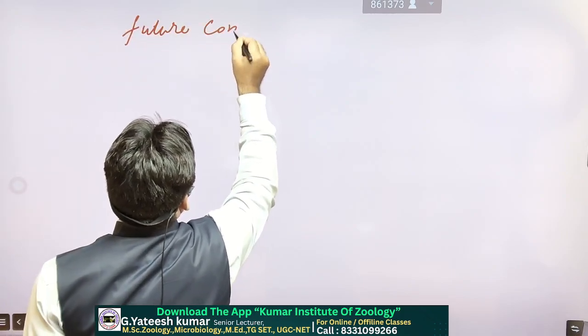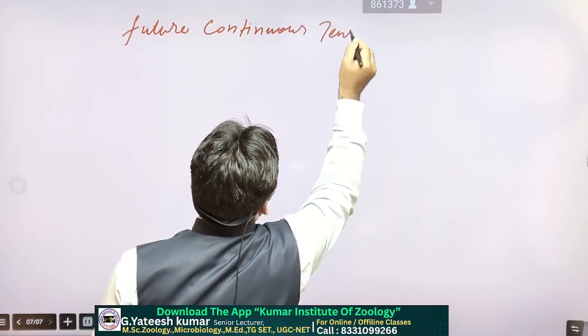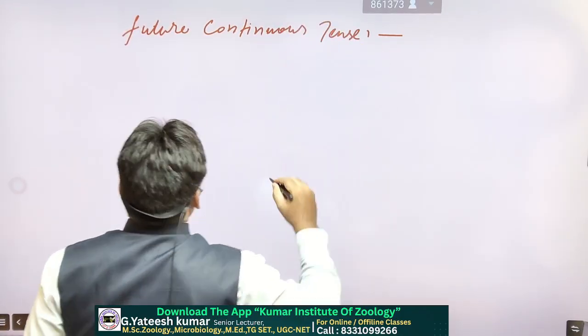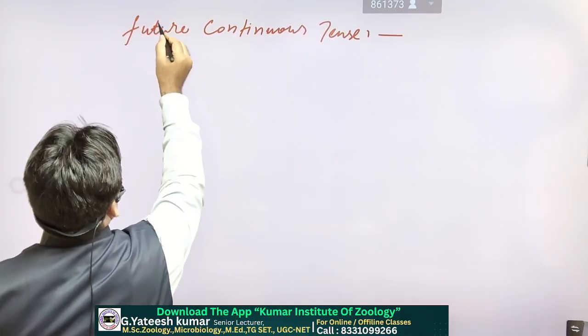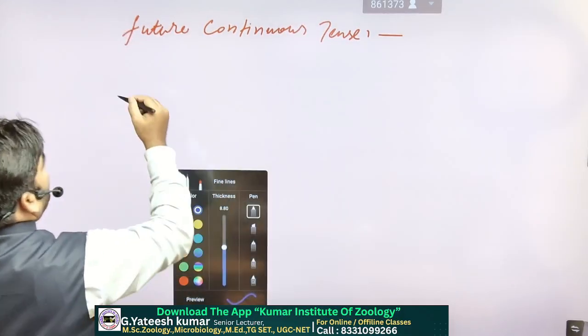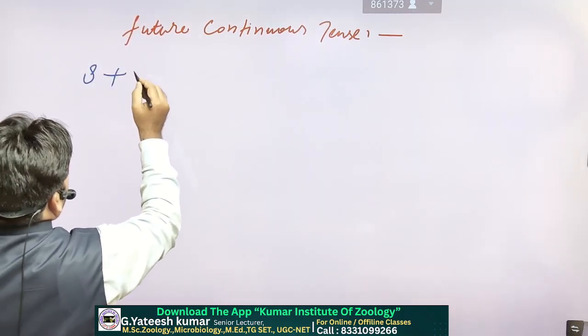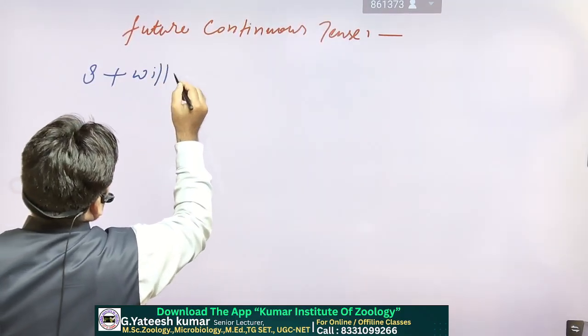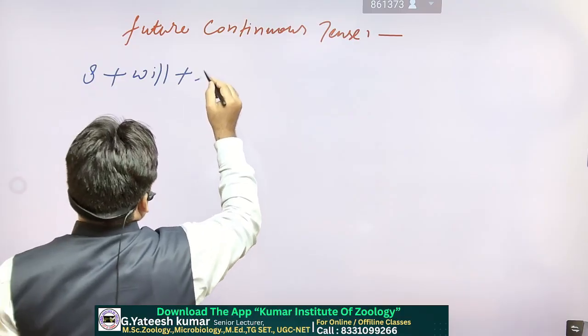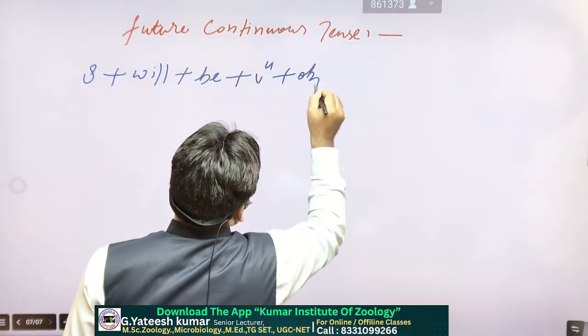Okay, so next we'll do future continuous tense. So for this, our structure is subject, then will, then be, after that ing form, then object.